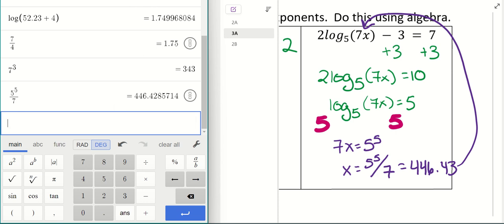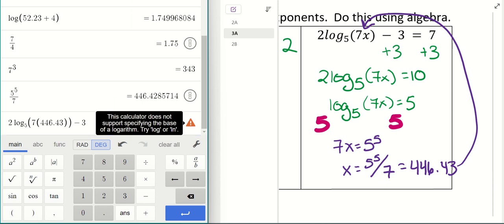So let's do it. We're going to do 2 times log base 5 of 7x. Oh, sorry, we have an x here. It's 446.43 minus 3. Let's see, there's an error. What's wrong?